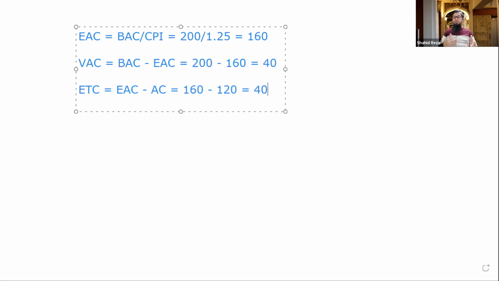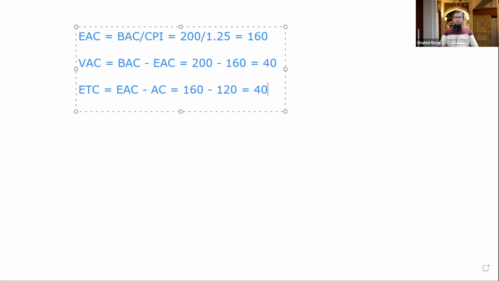That means we will need extra money. So these are actually forecasting formulas. Seeing this, you can easily forecast what is going to happen at the end of the project. So depending upon that, you have to take measures. In our case, everything is moving in very good shape. So now we have to keep on focusing so that the good work is continued.